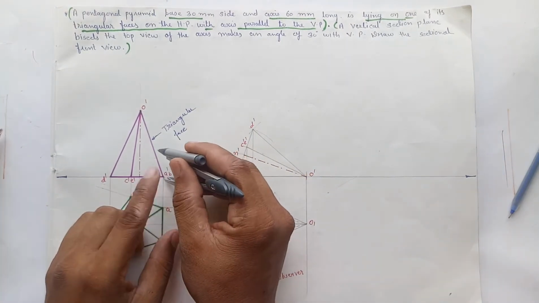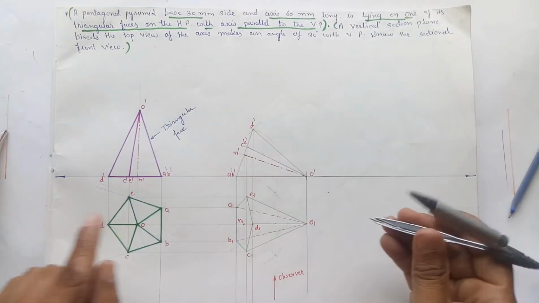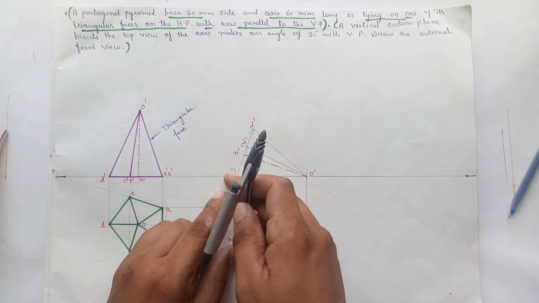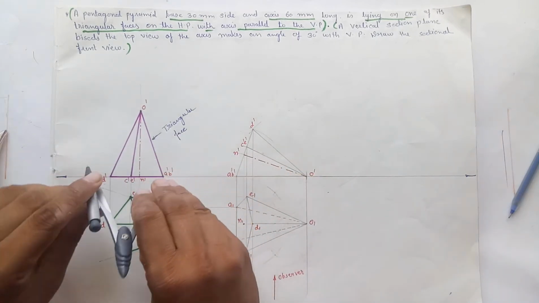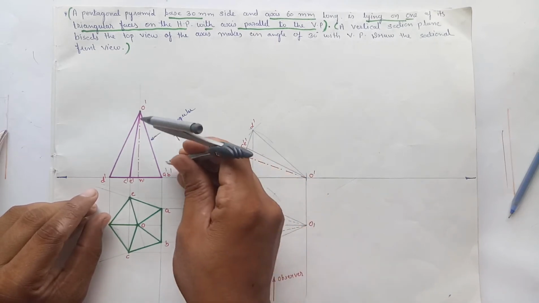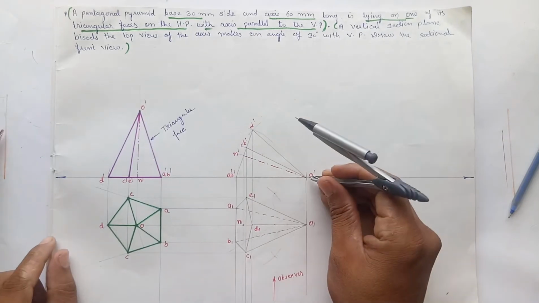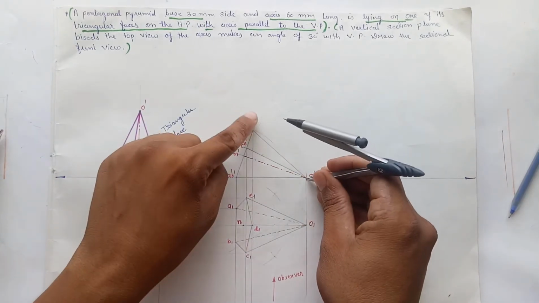Measure O dash A dash B dash, give an arc, and mark O dash A dash B dash. Then after, measure A dash to D dash, give an arc, and measure O dash to D dash, give an arc and mark D dash.